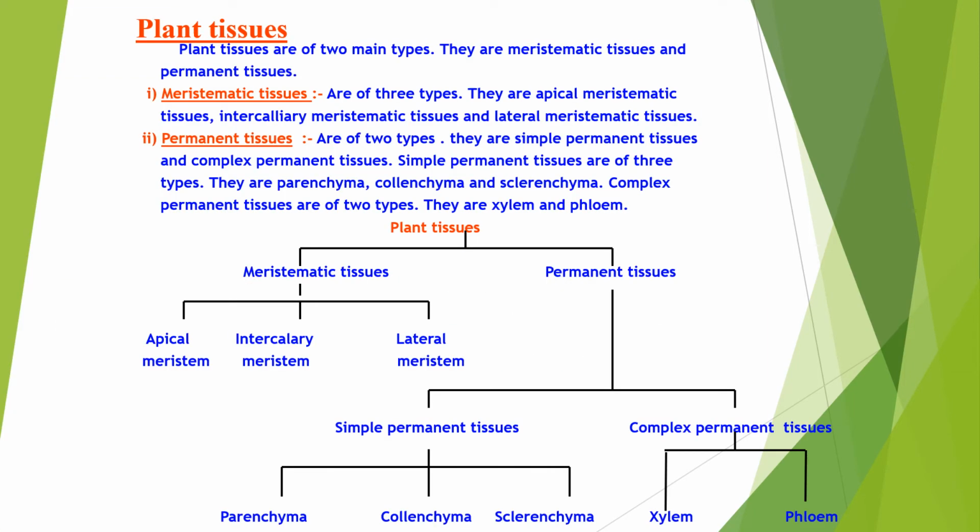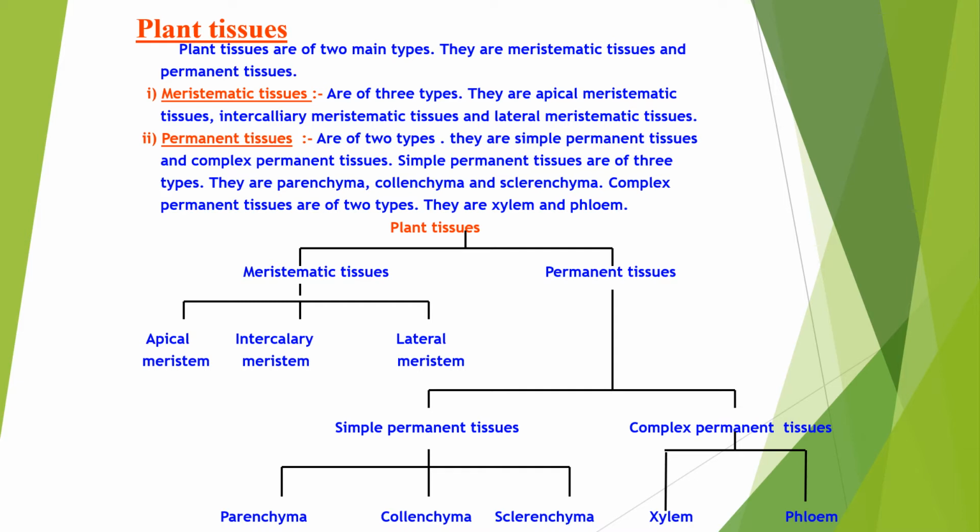Let us now look at the classification of plant tissues. Plant tissues are mainly classified into two categories: the meristematic tissues and the permanent tissues. The meristematic tissues are undifferentiated cells. That means they can differentiate and grow into different types of cells.